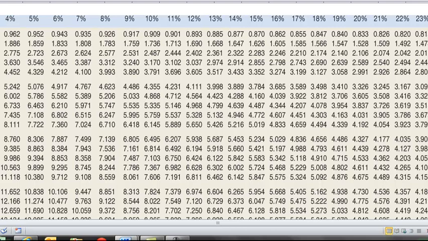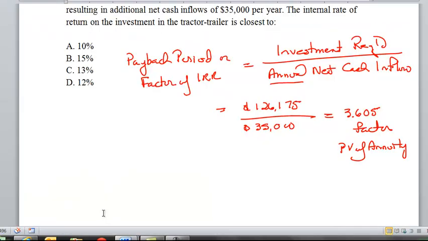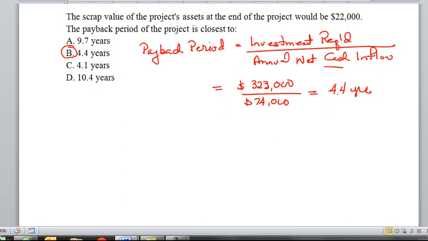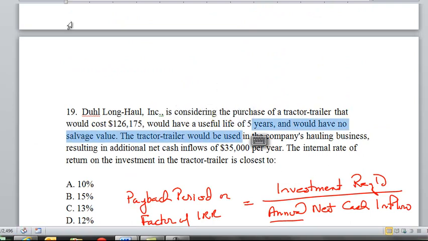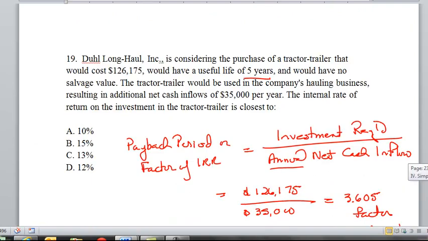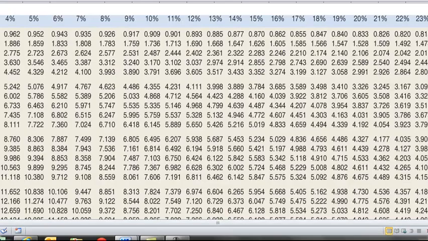So again, remember where we were, we have a factor of 3.605, and we're trying to find out the rate. Remember, we need to look at the number of years. The number of years was 5. So we're going to look at our present value of annuities at a factor of 3.605 under the 5 years and see what rate corresponds to that.